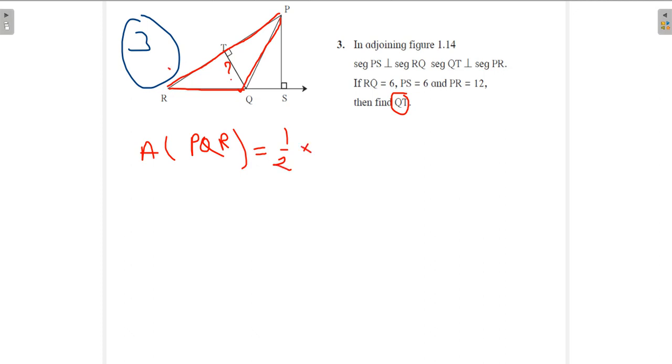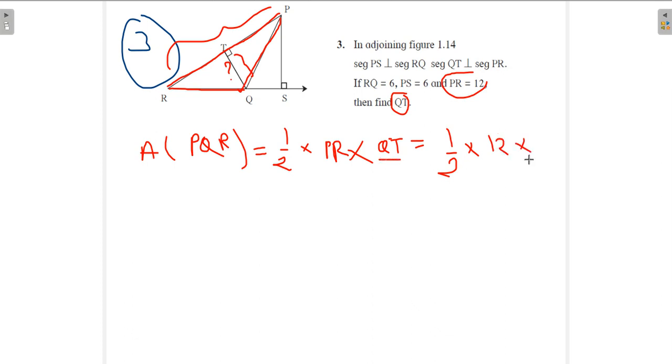So base is nothing but PR, multiplied by what is the height? This is nothing but QT, right? So if I write half into, what is the value of PR? It is 12, so 12 into what is the value of QT? I don't know.